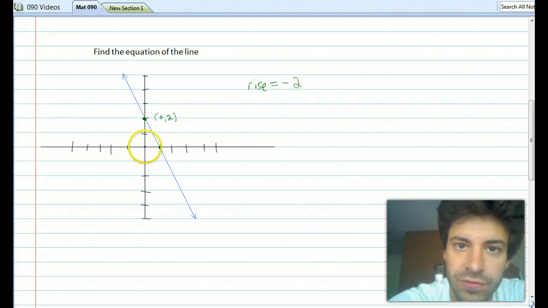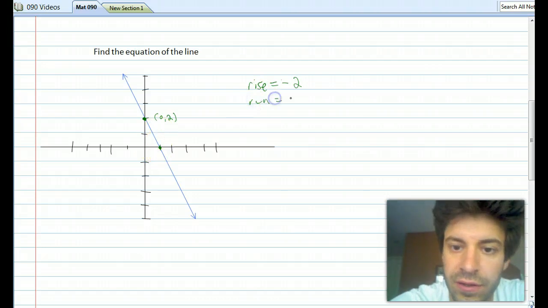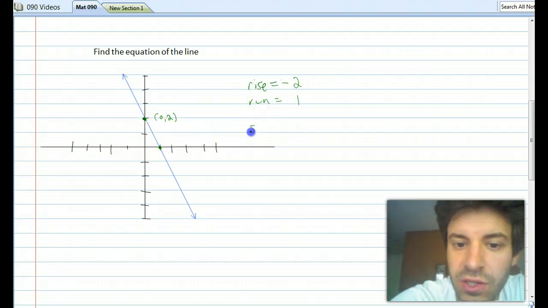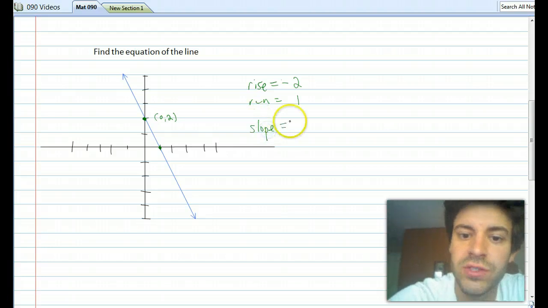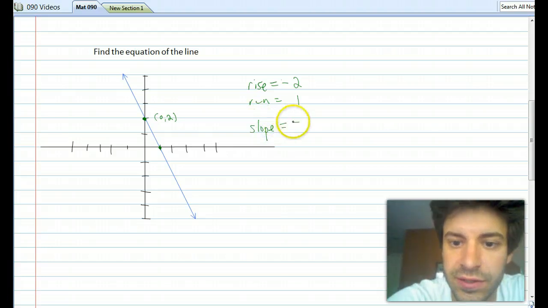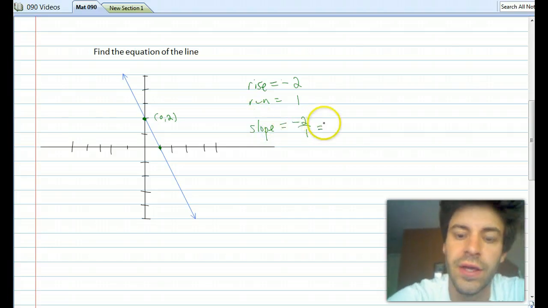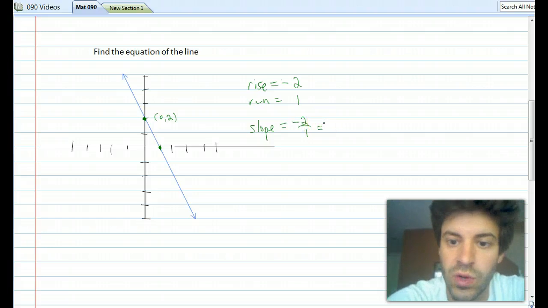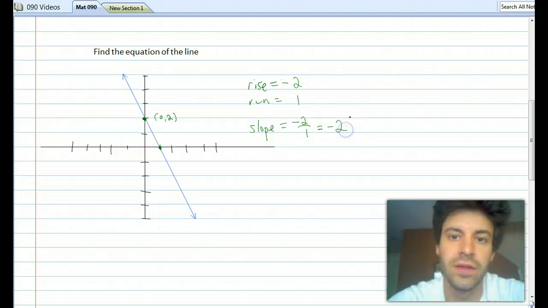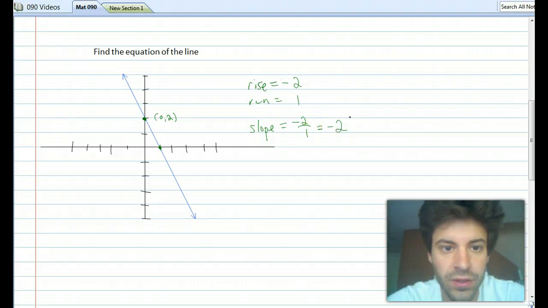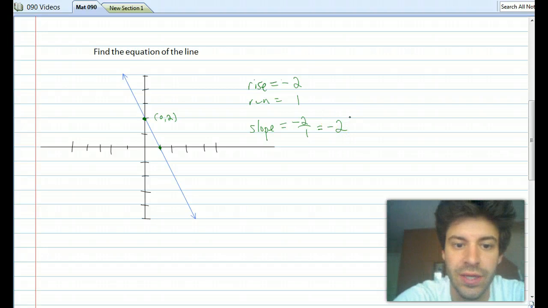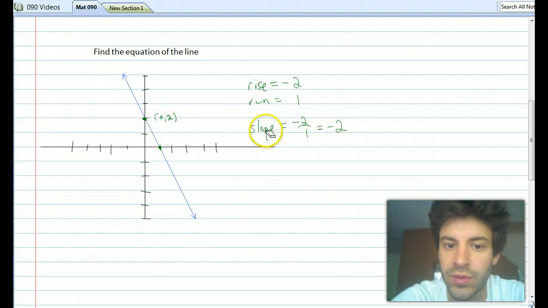Our run, if we count from left to right between these 2 points, is right 1 unit, so our run is 1. That means our slope, which is always the rise over the run, is -2 over 1. Of course, we don't need to write -2 over 1. We can just call that -2. So we have the y-intercept (0, 2), and the slope of this line is -2.